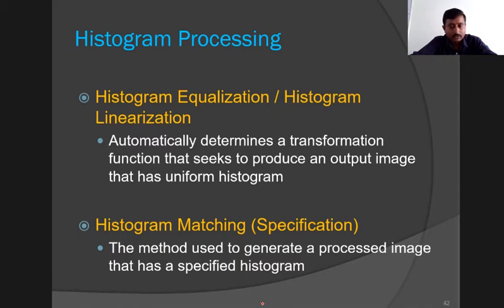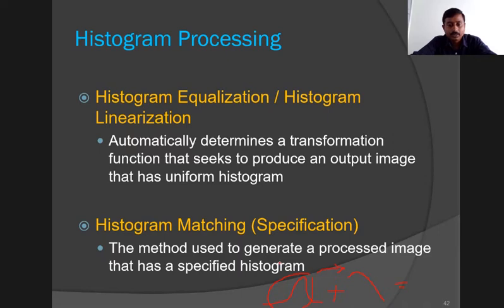Let's say this is the histogram of the input image, and we provide a specified histogram. What is our aim? We have to make this histogram look like this. This histogram is known as the specified histogram.